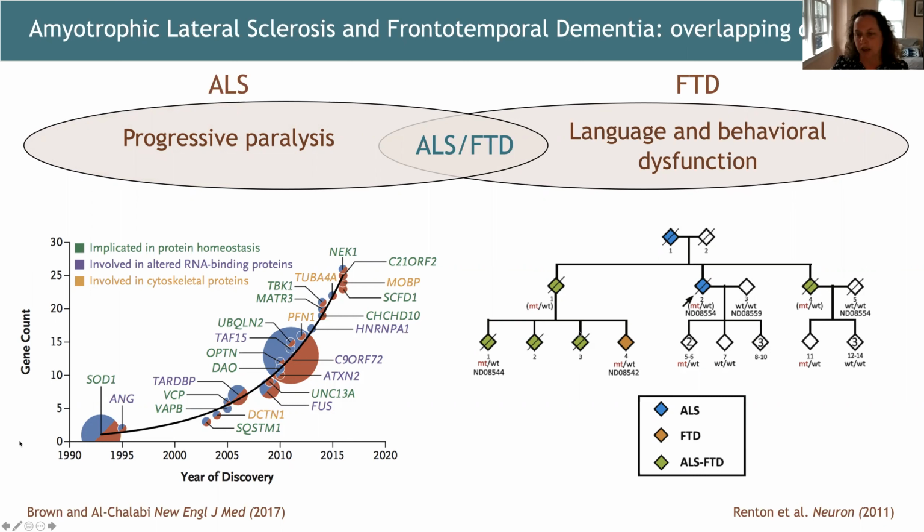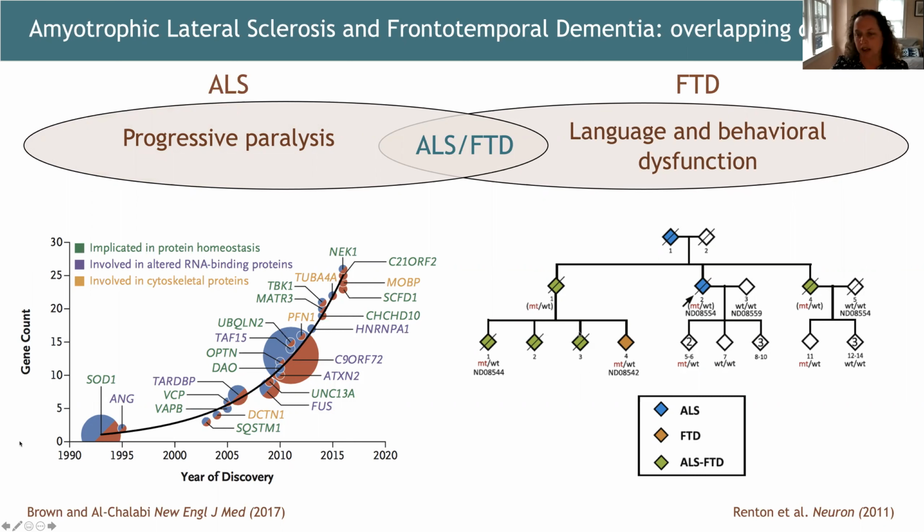And again, STMN2 is altered in these lines. We then looked at the level of STMN2 in motor neurons. And so it was very helpful to use some data that our collaborator John Ravits had generated by doing RNA-seq from laser-captured spinal motor neurons.